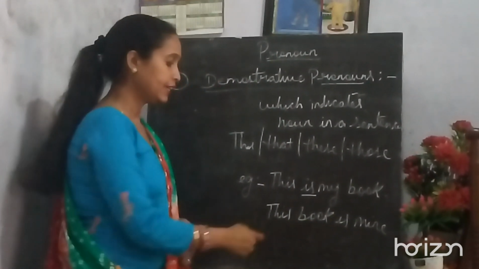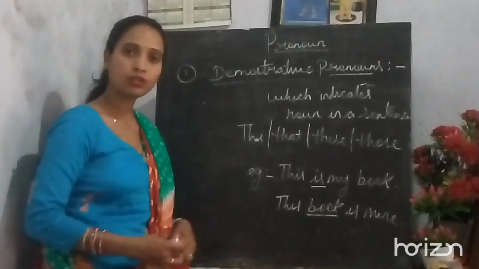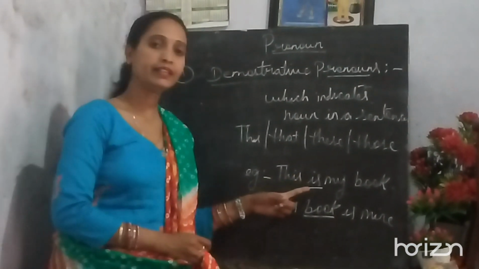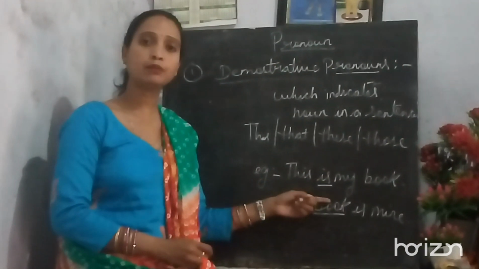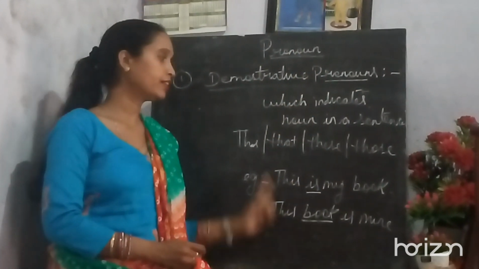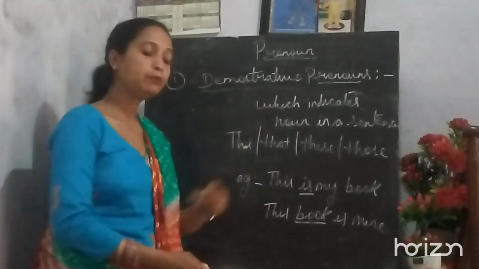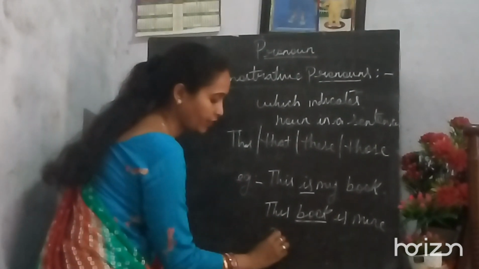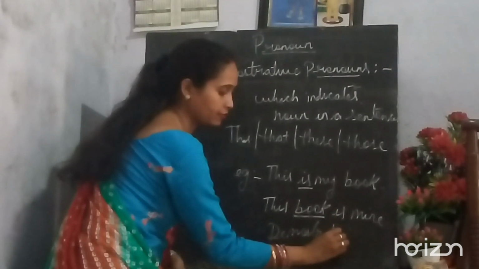This book is mine. Here, immediately after this, a noun is there, that is book. In the earlier one it was this is. After these 4 words, if a verb is coming, then this becomes a demonstrative pronoun. But if after these 4 words a noun is coming, then it becomes a demonstrative adjective.